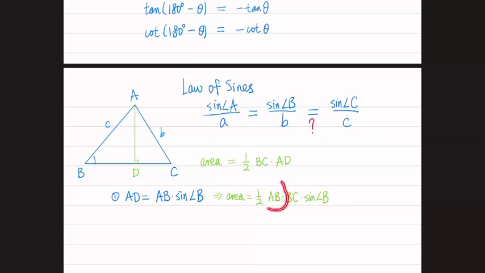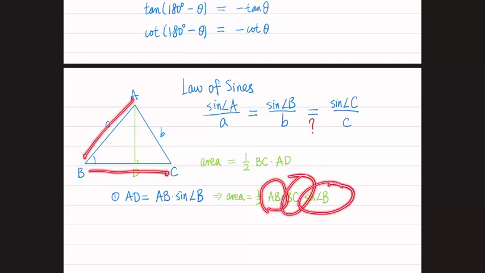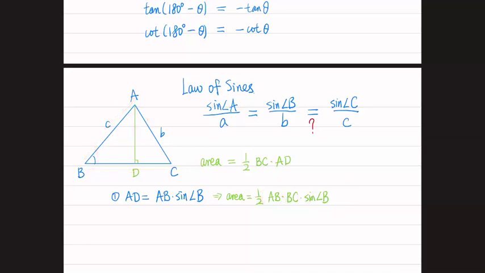So it gives us another way to find the area without using the height. If we know one side, a second side, and the sine of the angle between them, then this formula gives us the area. Very useful formula.